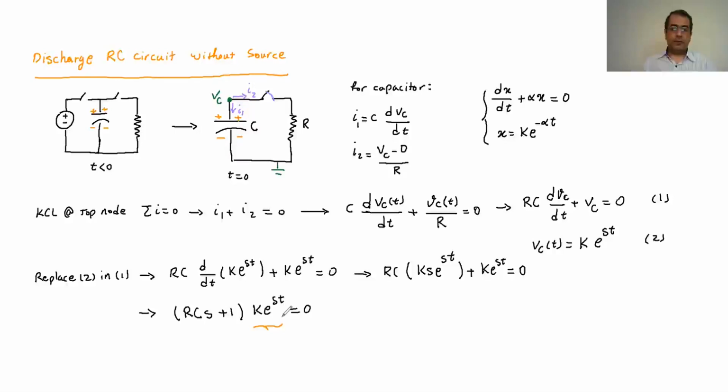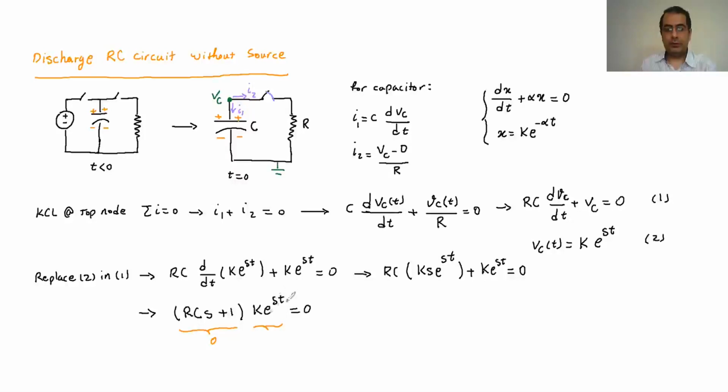So the only way that this equation is going to be 0 is that this part should be 0, because the other part is going to keep changing. It's not going to stay constant. The only way this equation can be 0 is that this constant part becomes 0, because as the time changes, the other part is going to change, and it's not going to be 0.